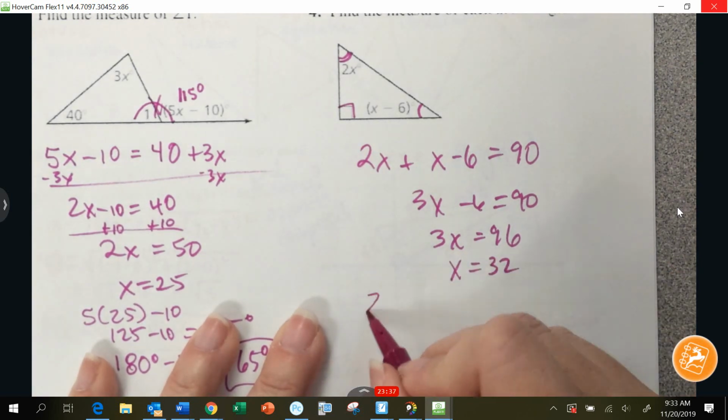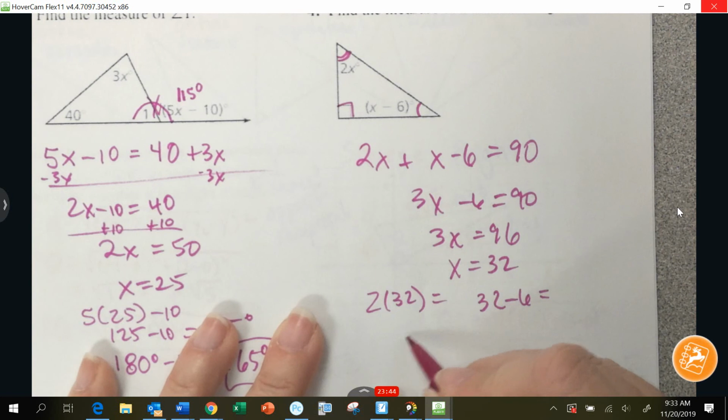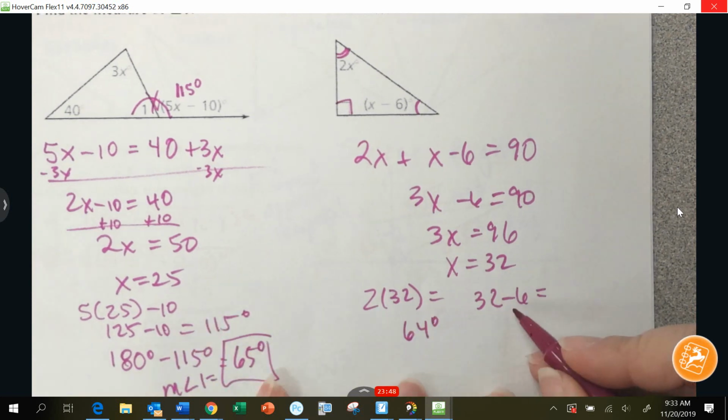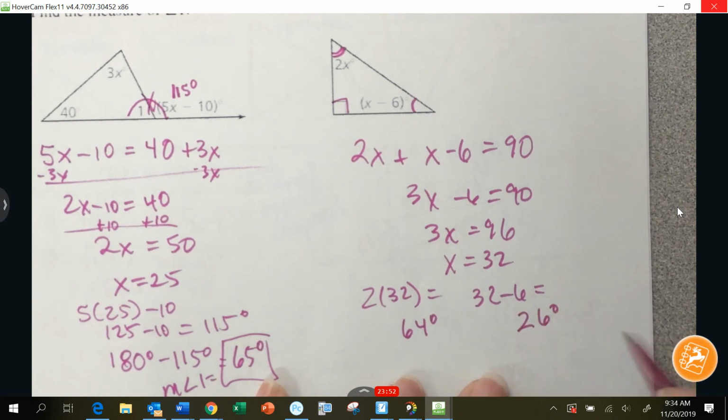And so 2 times 32 and 32 minus 6 would be our two answers. What is this? 64 and I can't do math this fast. 26 degrees. And you can check they add up to be 90, so we're good.